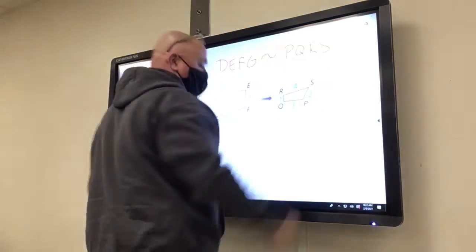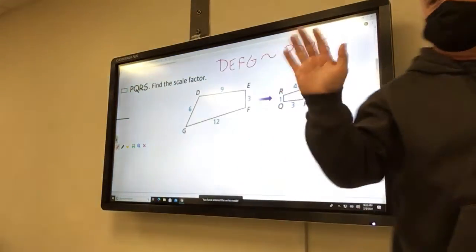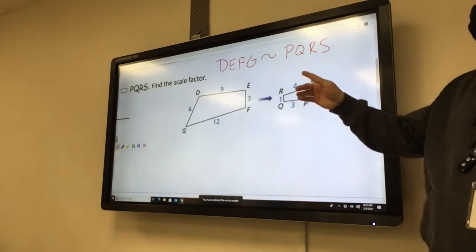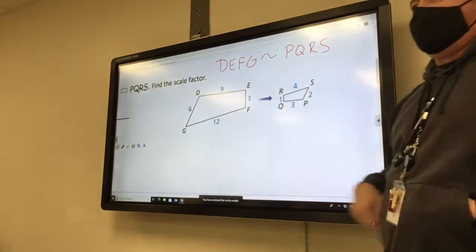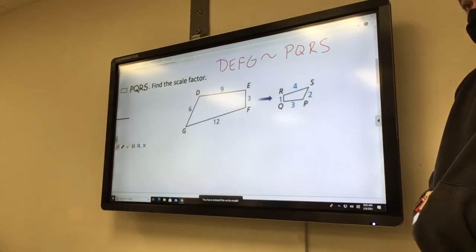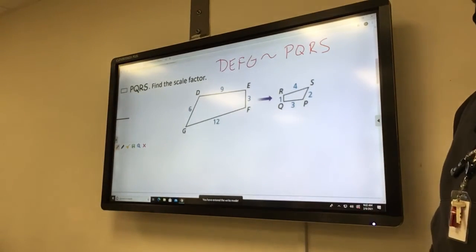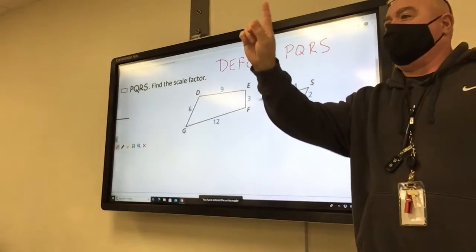DEFG is similar to PQRS. I'm going to show you a trick here. Scale factor is just a ratio. That's all it is. It says the big one to the small one. That's the big quadrilateral, that's the small one, so we're going from big to small. All I have to do is pick one side that matches up.